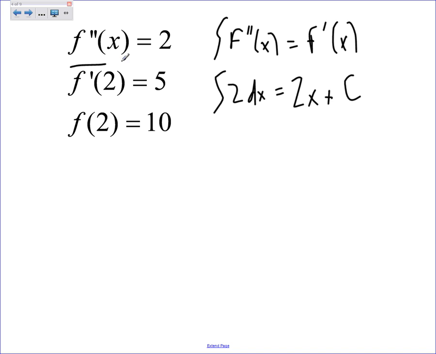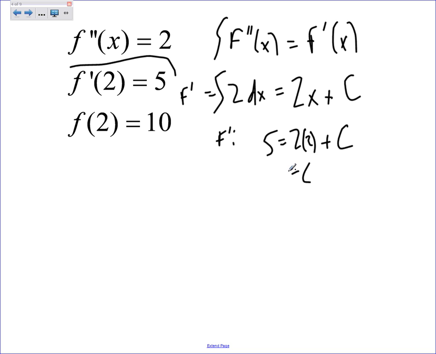Now we use this initial condition, because f prime is equal to 2x plus c. Working with f prime, we know that when x is 2, f prime is equal to 5. So 5 is equal to 2 times 2 plus c.